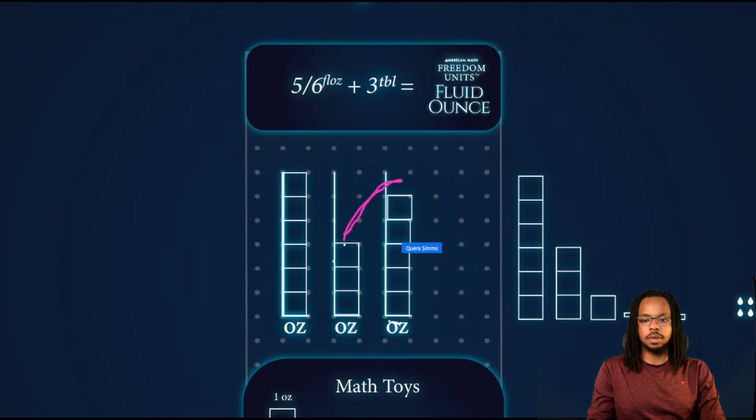Hold on, 4 tablespoons, and then it'd be reduced to 2 teaspoons. So that could be a simplified answer. Or if you want to do the milliliters, go ahead. But that's the simplest answer I'm going to give. So 4 tablespoons and 2 teaspoons.